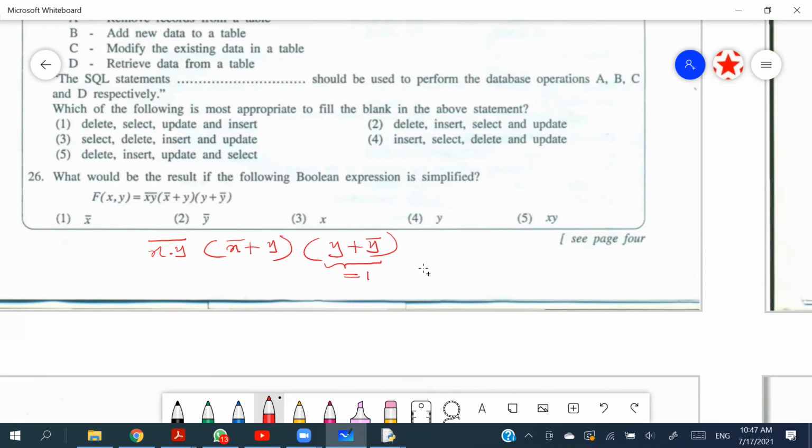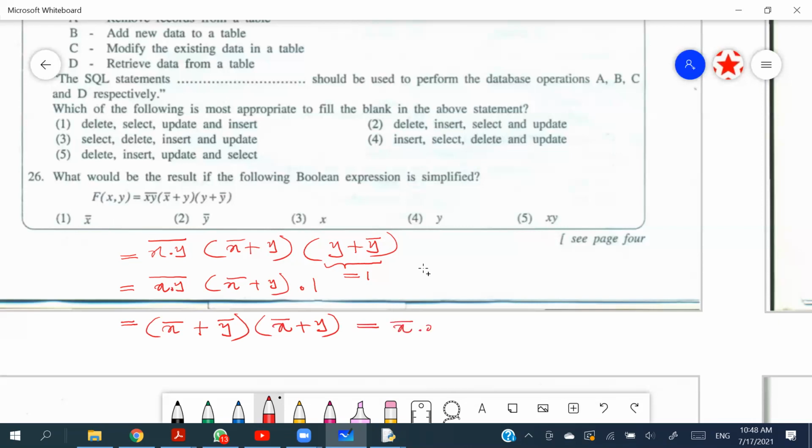Then you can take this to the level of x dot y bar, x bar plus y dot 1. If something is multiplied by 1, it gives you the same thing, so no changes happen. For x dot y bar, I'm going to apply De Morgan's, giving x bar plus y bar. And here x bar plus y, and we are not going to consider 1 because when multiplied by 1, it's the same again. Now we are going to apply the distributive law.